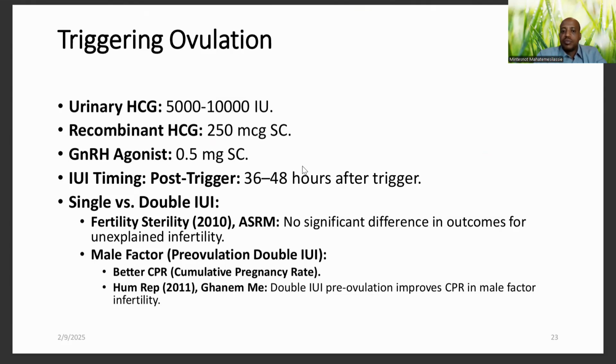That means you can do one insemination after 24 hours, the other insemination after 36 hours. But this is a very rare scenario. What we usually do, we can collect semen 4 hours apart, and we can combine those semen samples and we can infuse. This is a very practical thing.